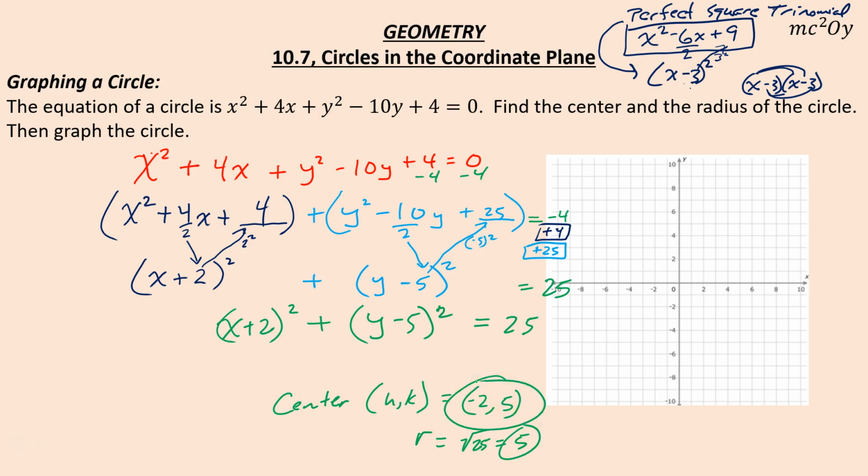That means if I want to graph it, I'm going to go to (-2, 5), right there. I'm going to go 5 units each way vertically and horizontally. So 1, 2, 3, 4, and 5. 2, 3, 4, and 5. 1, 2, 3, 4, and 5. 3, 4, and 5. That's why I'm so picky about my work over here. Okay, and then what you do is, I'm not going to make you get a compass out.